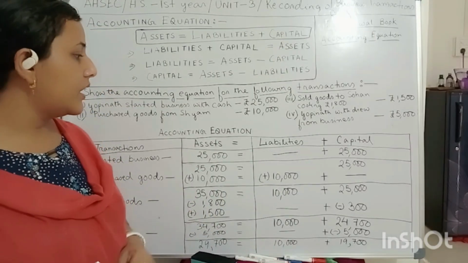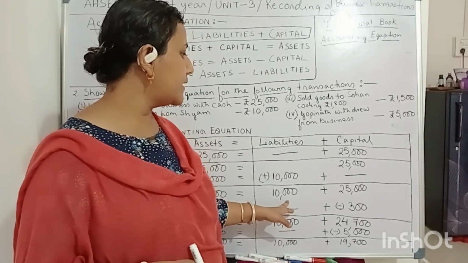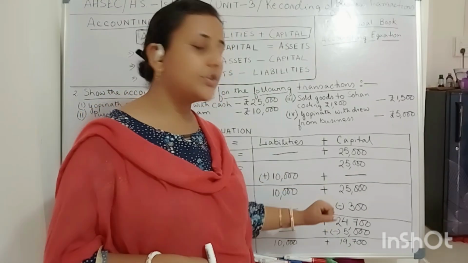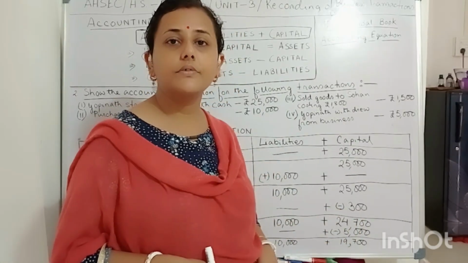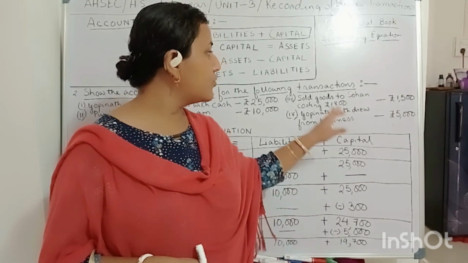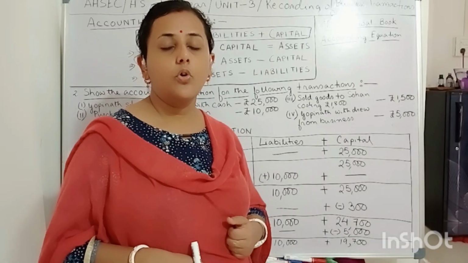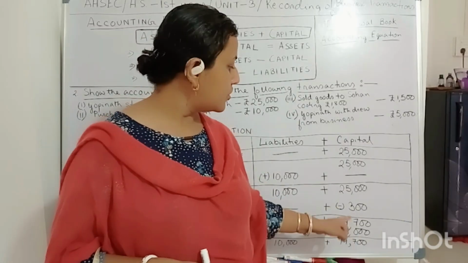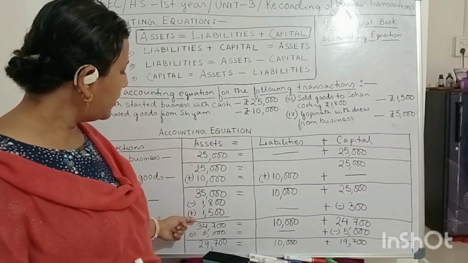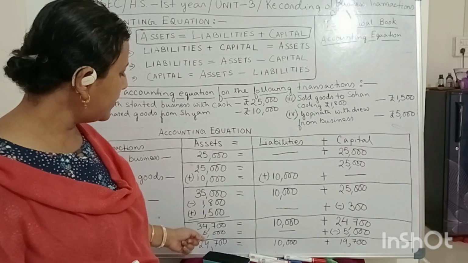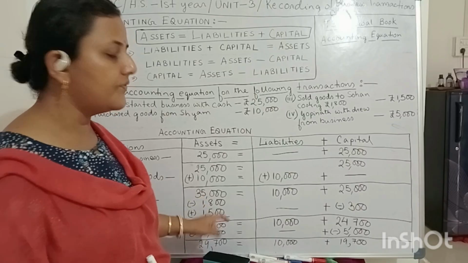Yes or no? 300. So there are no liabilities. There will be a reduction in capital of rupees 300. So negative 300. Since goods have been sold at a loss, there is a reduction in capital of 300. So it is minus 300. Now when you subtract 300 from 35,000, you will get 34,700.